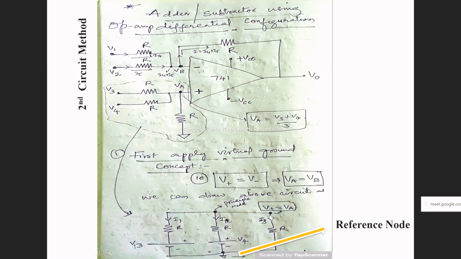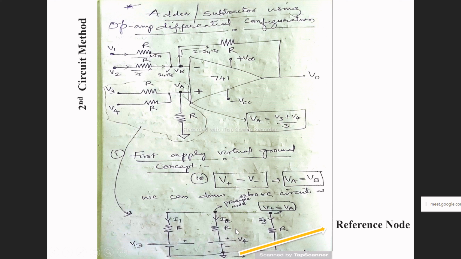If current is flowing from VA to V3 or VA to V4, through this resistor, it means the voltage VA is much greater than the voltage at these two.